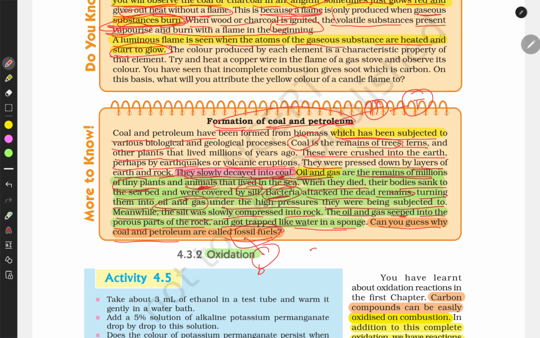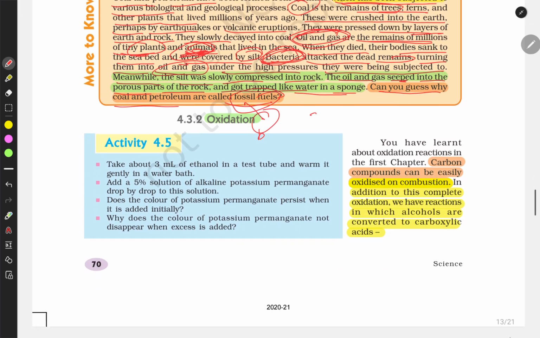Coal is made from trees and ferns, while oil and natural gas are from the remains of tiny plants and animals. When bacteria attack them, a chemical change happens, and they convert into coal and petroleum.